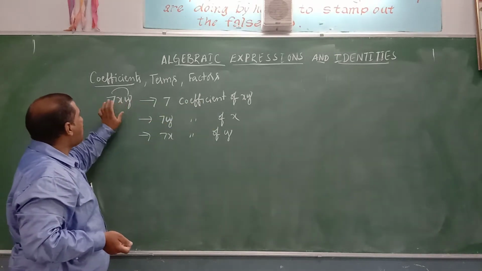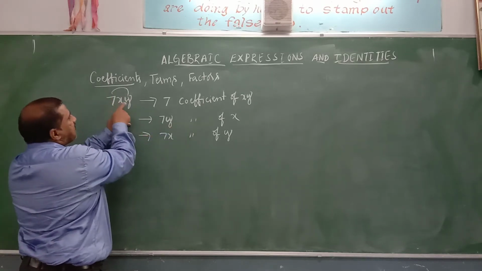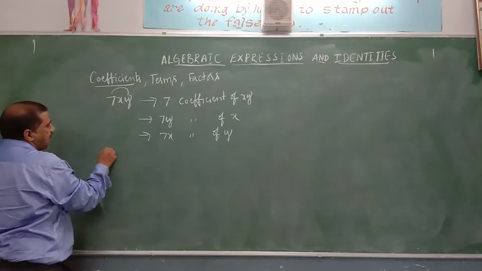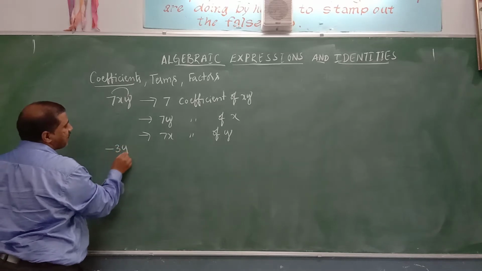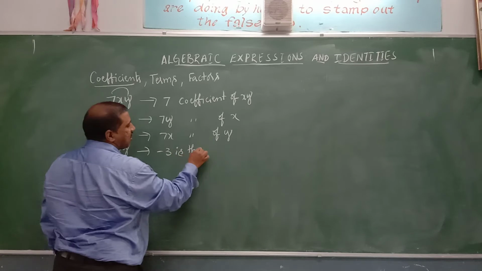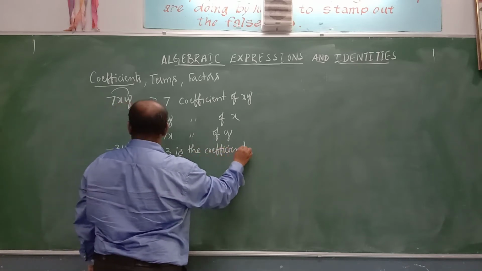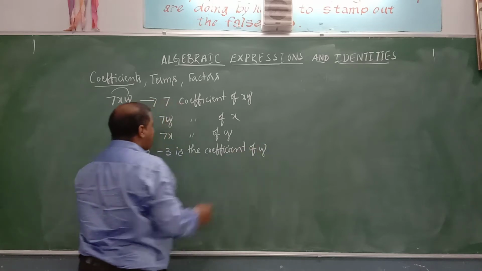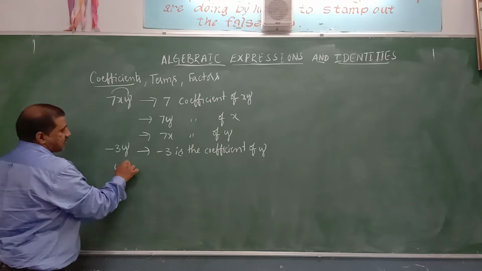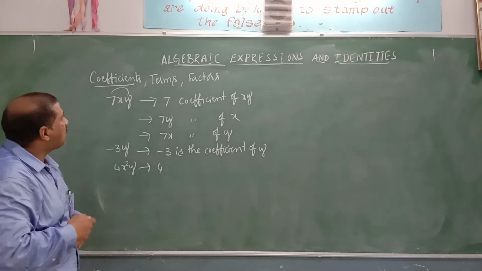Similarly, if you consider minus 3y here, minus 3 is the coefficient of y, and if you consider 4x square y, 4 is the coefficient of x square y.